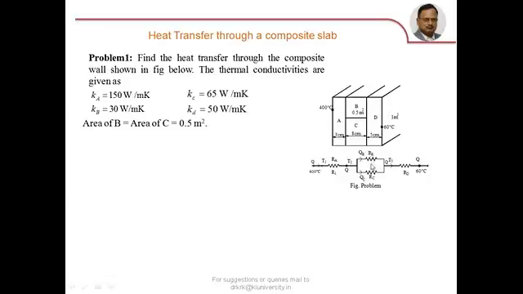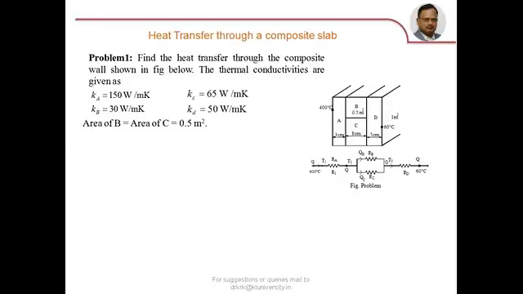Therefore, these two resistances, RB and RC, offer resistance simultaneously for heat flow. Then after coming out from B and C, the heat as a whole again passes through the material D, which offers only one resistance.